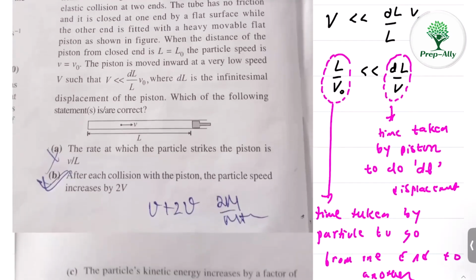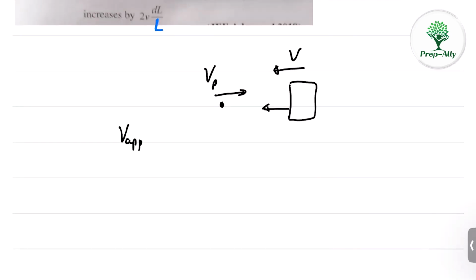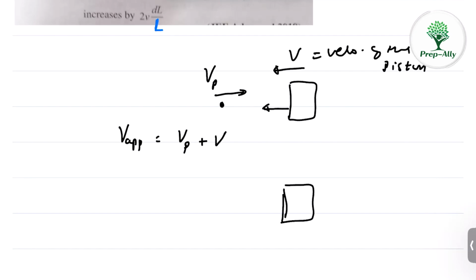So what is the velocity of approach? Velocity of the particle plus velocity of the piston. The piston is very heavy, so its velocity doesn't change. After collision the piston will also move with the same velocity v, but the particle will go back with a new velocity v dash.